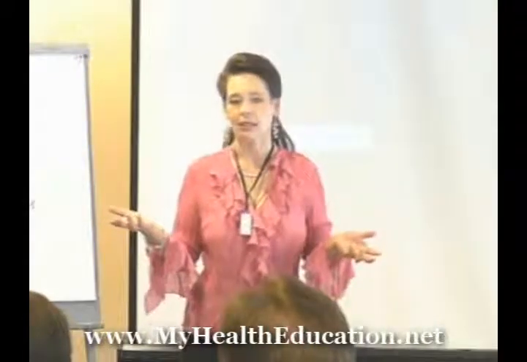We need high blood pressure at certain points, when we really need to run away from tigers. But it comes and goes. It's supposed to elevate and then go back to normal. But it doesn't go back to normal. That's the whole point. Under chronic stress, because you get this injection of adrenaline all the time, you have the blood pressure elevated all the time. So that's the second most common consequence.